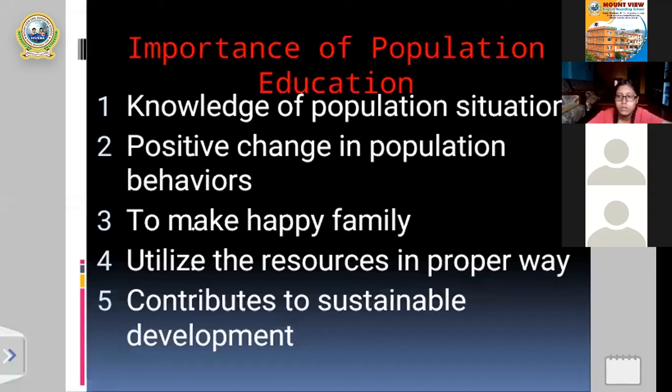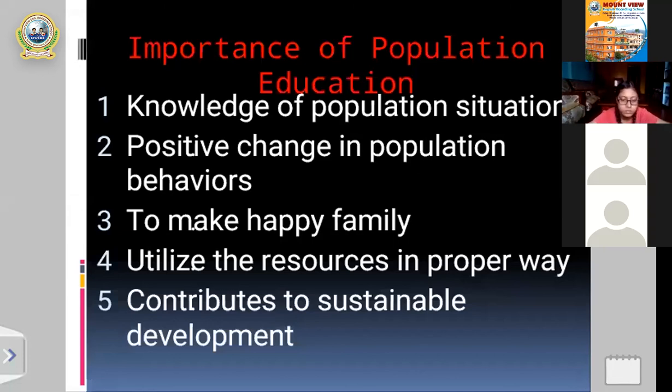So population education also helps to utilize the available resources in a proper way. And human beings utilize the resources in a proper way only if the people are satisfied.